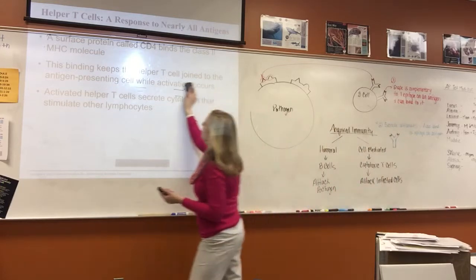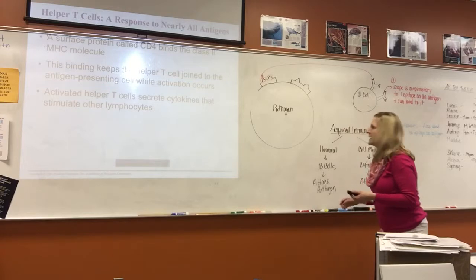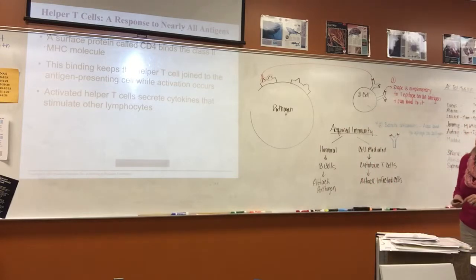So, helper T cells are a response to nearly all antigens. It says the surface protein called CD4 binds the class II MHC molecules. This binding keeps the helper T cell joined to the antigen-presenting cell while activation occurs.